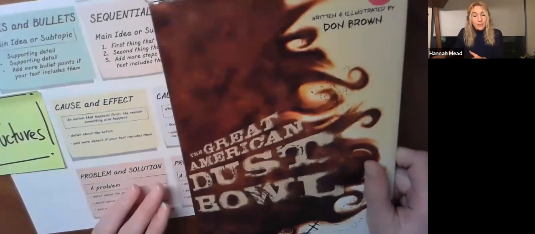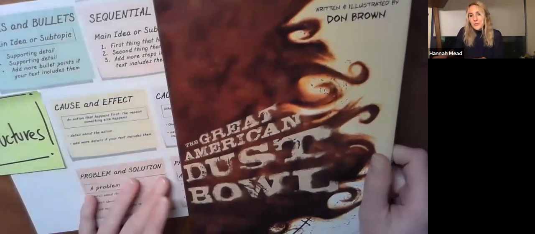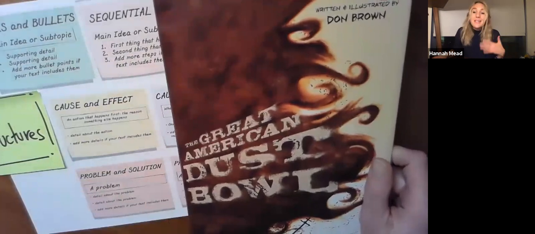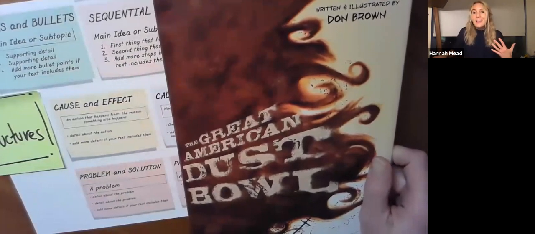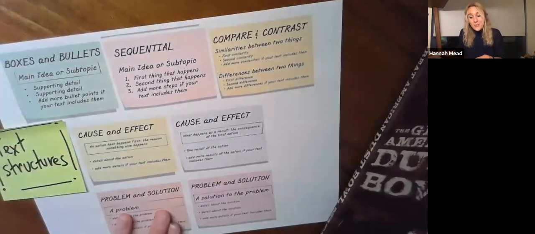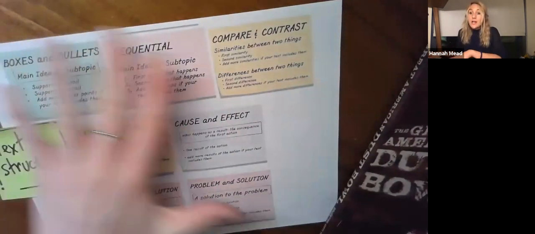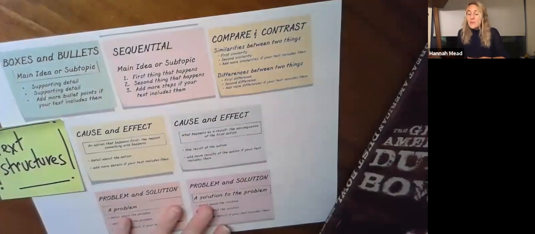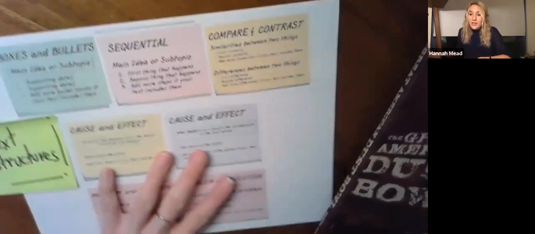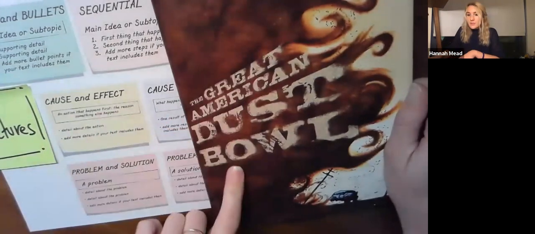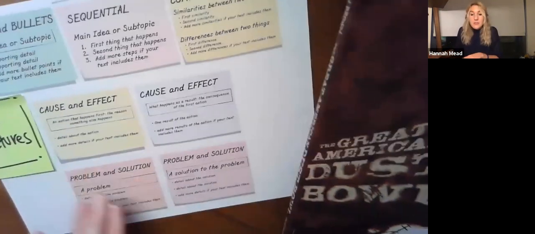Now, before we really dive in, let's do what we know we're supposed to do as nonfiction readers. Let's preview. Let's get some ideas going and make some predictions. That will help us to figure out the main ideas and also help us to figure out what text structures are coming up. We might even be able to make some predictions on future text structures. The Great American Dust Bowl. I'm already thinking about problem and solution.